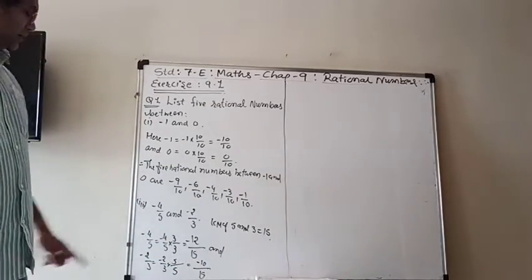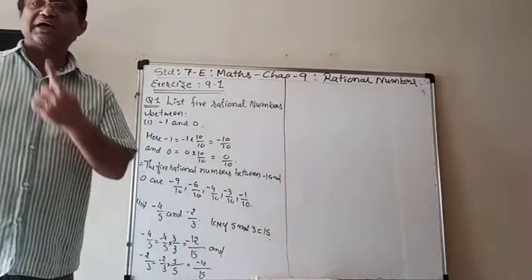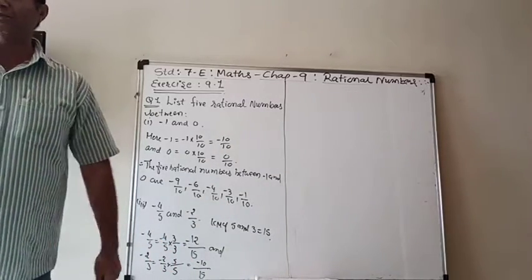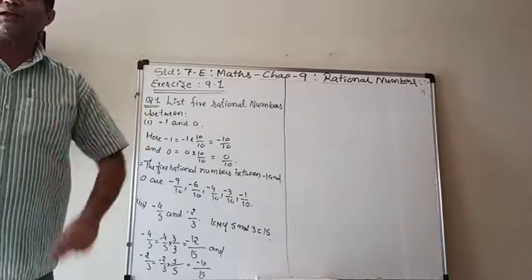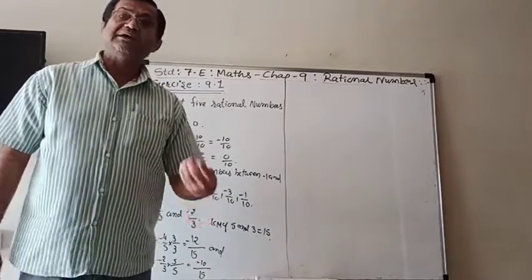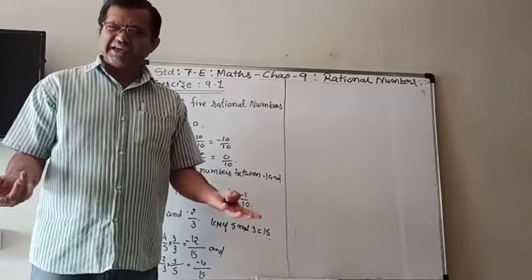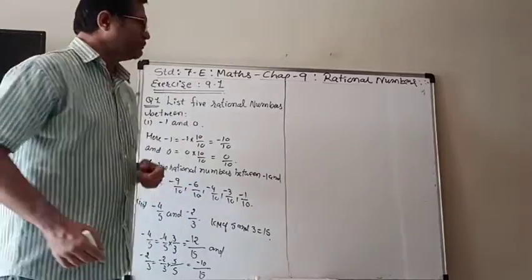But now you can see that -12 and -10 have only one number in the middle. So we can multiply them with a bigger number. So rather take 10, that will be very convenient for us.